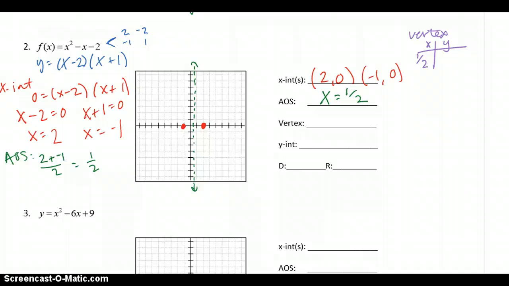So if x is 1/2, we can plug that into our equation to tell us what y is going to be. So we're going to use y equals, and we'll plug in 1/2 minus 2 times 1/2 plus 1. So I just plug in 1/2 for x into my equation. And I want to do the parentheses first. So 1/2 minus 2, that's -1.5.